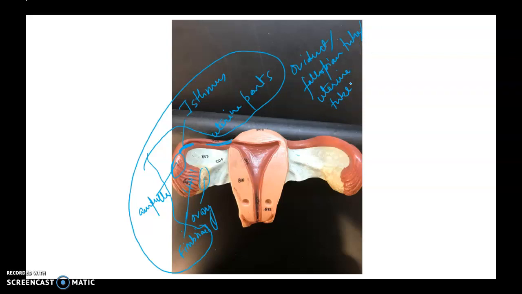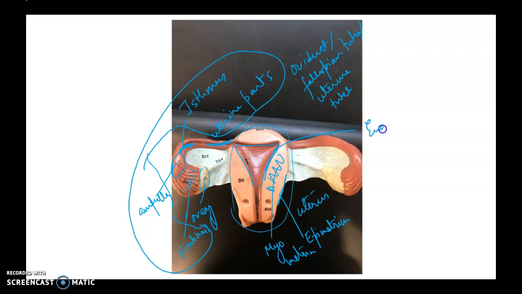Okay. This big structure is the uterus. It has few areas. The outermost layer is the epimetrium. The middle muscular part is myometrium. And then the inner darker layer, that is the endometrium. This is the vagina.